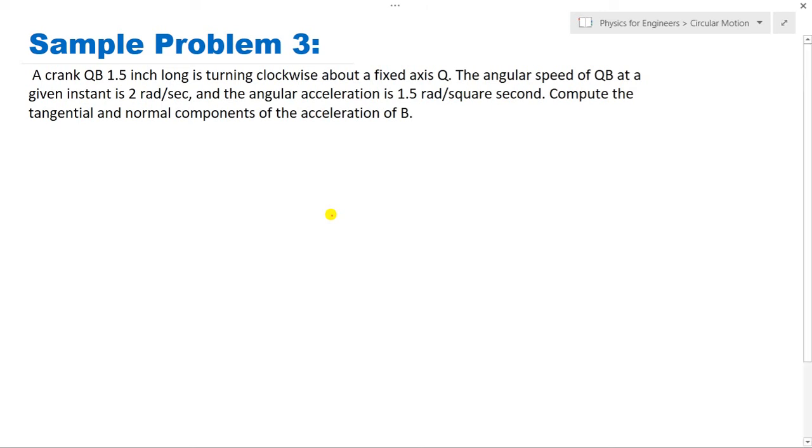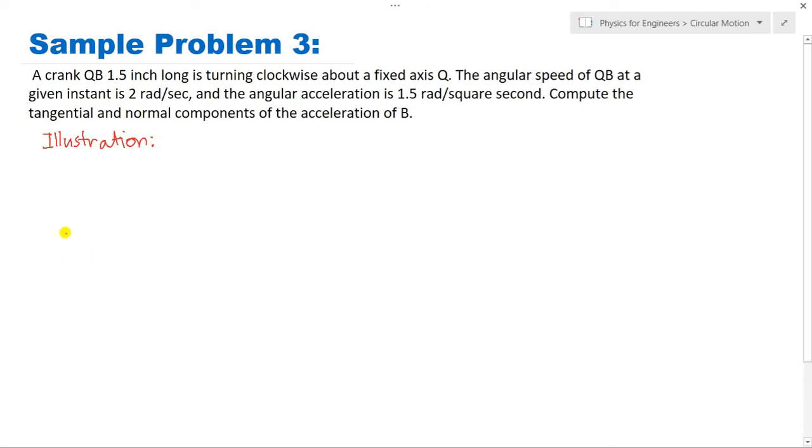Compute the tangential and normal components of the acceleration of B on the crank. We need to illustrate this first, and this question came from machine elements. So you can meet this in your higher subjects.